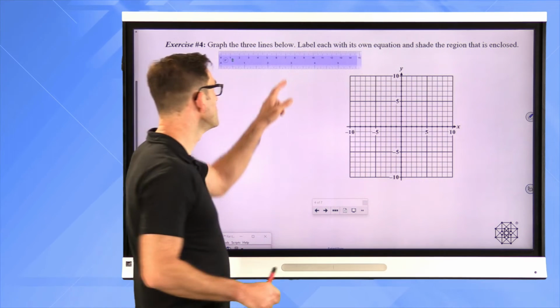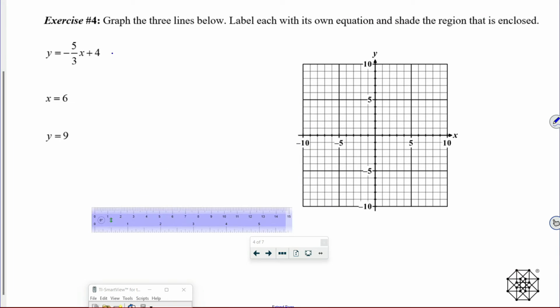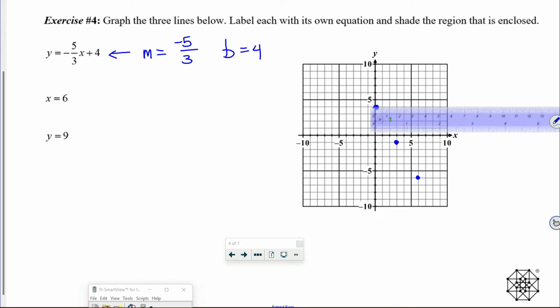All right, well, let me just get rid of my ruler here for a second. Just want to point out that in this slanted line, my slope is negative 5/3 and my y-intercept is 4. So I'm just going to come over here, go up to a y-coordinate of 4 on the y-axis, and then I'm going to go down 1, 2, 3, 4, 5, and go over 3. And then 1, 2, 3, 4, 5, and go over 3. That should be enough to establish a good line for myself.